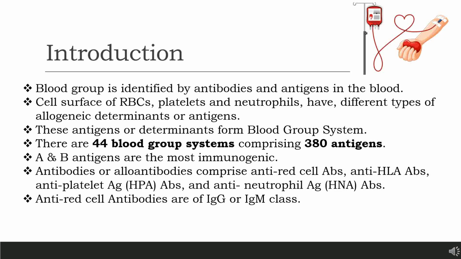Furthermore, anti-HLA and anti-HNA reactions may result in a serious lung disorder called transfusion-related acute lung injury. The antibodies against RBC antigens may be of either IgM or IgG class. Some IgG antibodies cross the placenta and cause hemolytic disease in the fetus and newborn. Two antigen systems that are most important in surgical practice are the ABO and Rhesus systems.